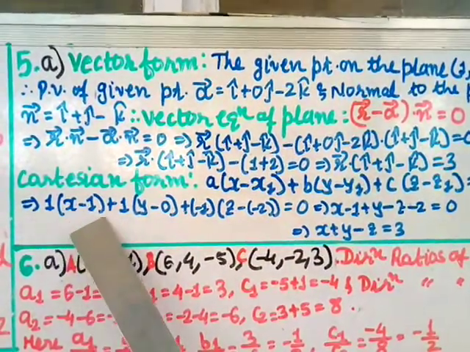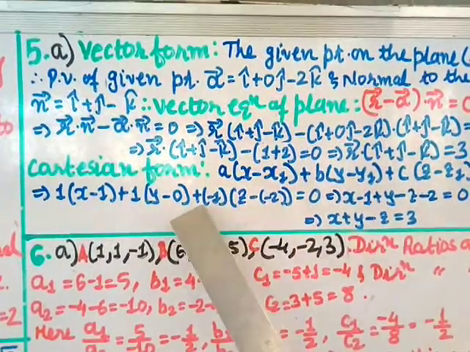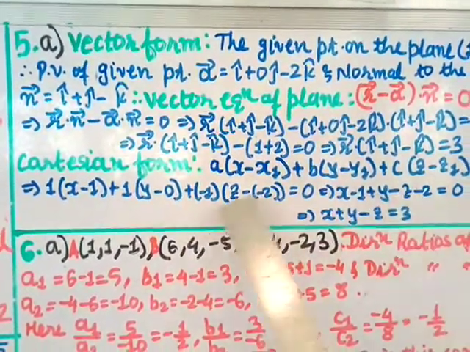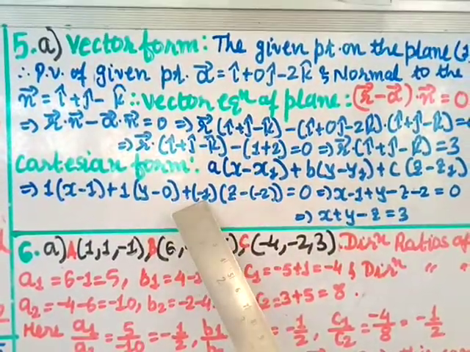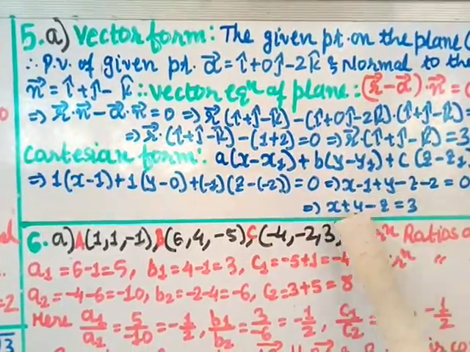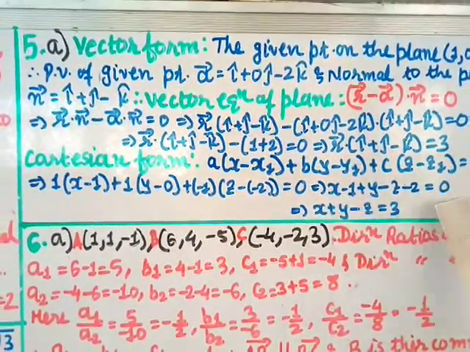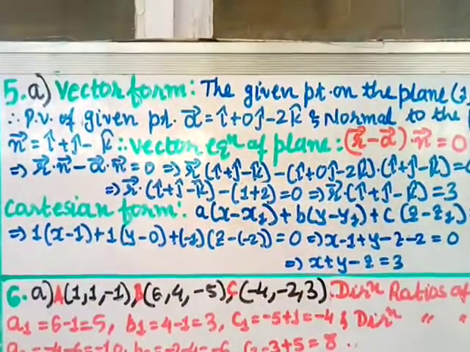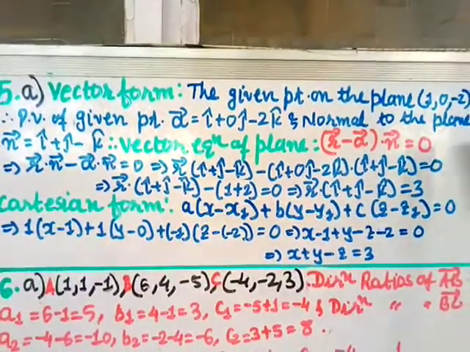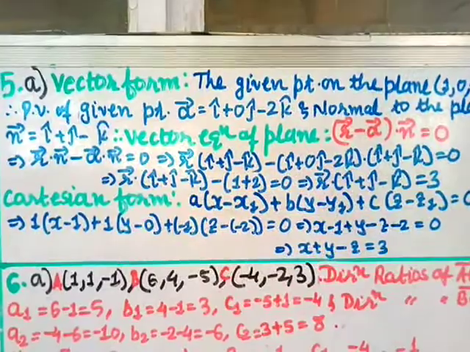So here x minus 1, here 1 into y is plus y, here minus 1 into z is minus z, and minus and minus make plus, so minus 1 times the minus 2 gives minus 2 equal to 0. So x plus y minus z, minus 1 minus 2 is minus 3, which you transfer over here to give plus 3. So that is the equation of the plane. This one is in vector form, and this is in Cartesian form.